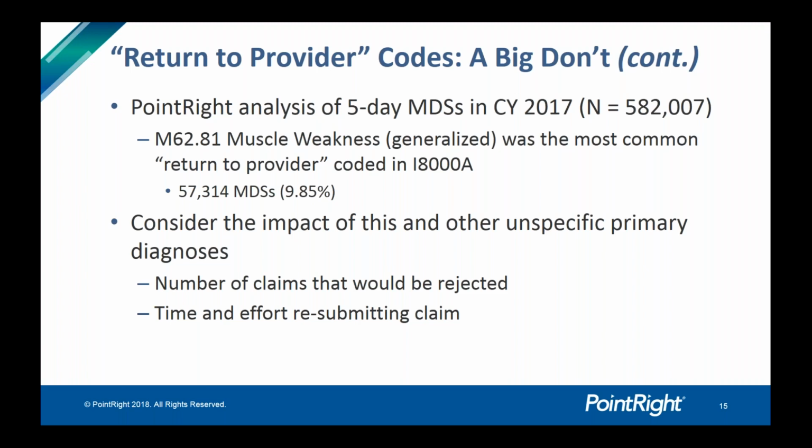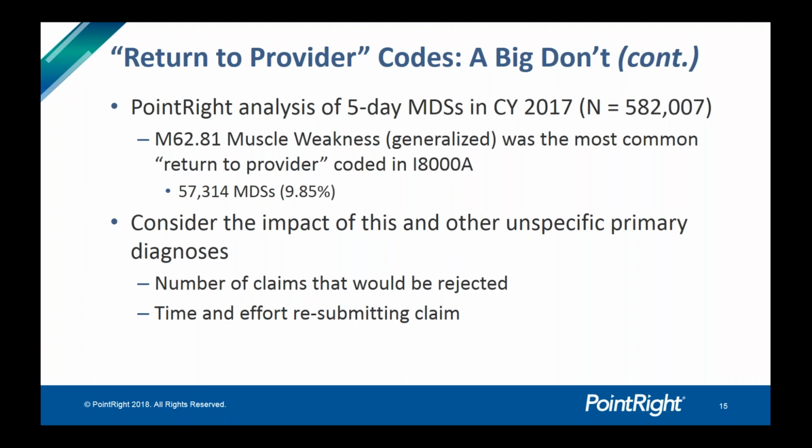And the winner here was M62.81, generalized muscle weakness. Again, sound familiar for a lot of reason for therapy. And that came out to over 57,000 MDSs, or 9.85%, which doesn't seem like a huge amount if it's less than 10%, but if you have almost 10% of your Medicare claims that are rejected, that becomes a big problem.